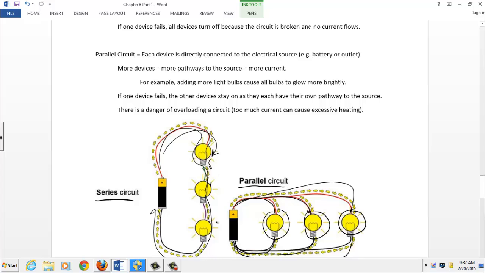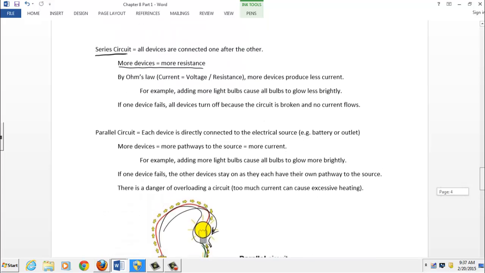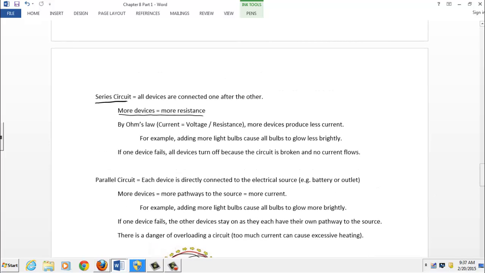So they're just getting more and more resistance as they make that one path to the battery. By Ohm's law, where current equals voltage divided by resistance, in a series circuit, the resistance is increasing, which causes the current to decrease. And the net effect then is you get less current flowing through all three light bulbs, and that causes them to glow more dimly, less brightly.